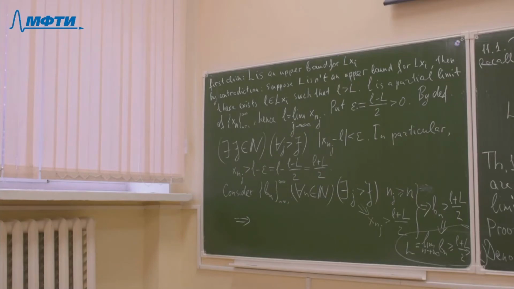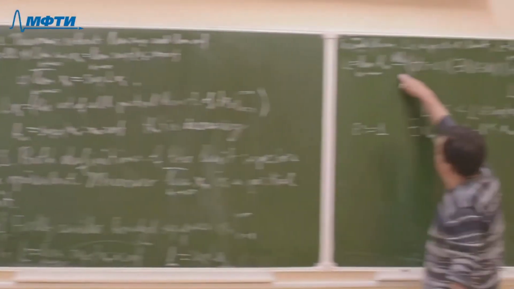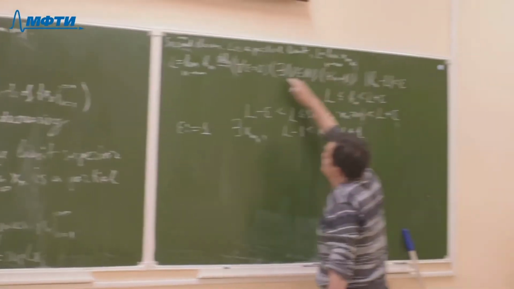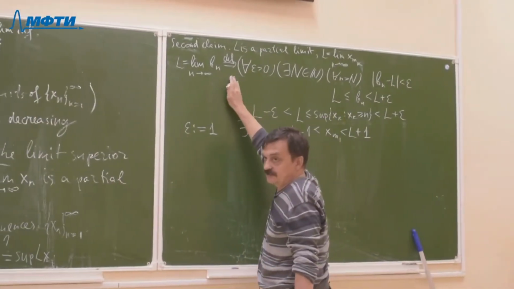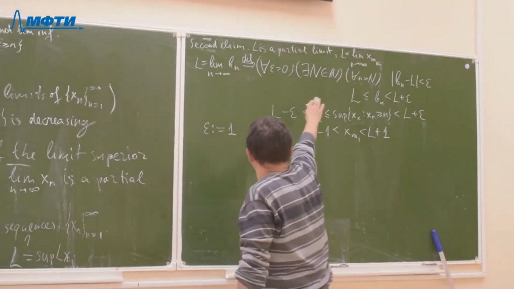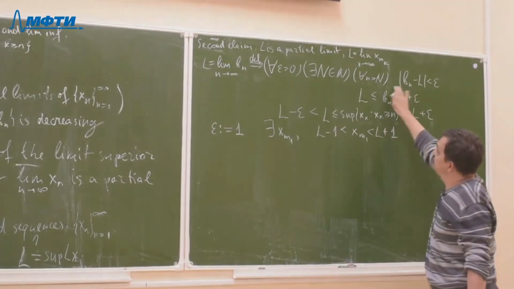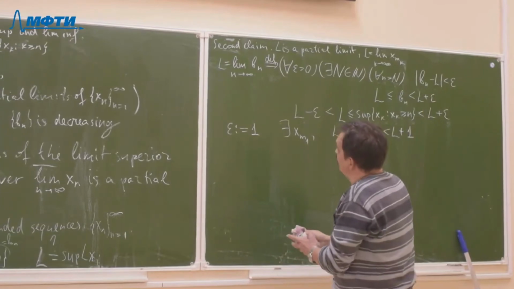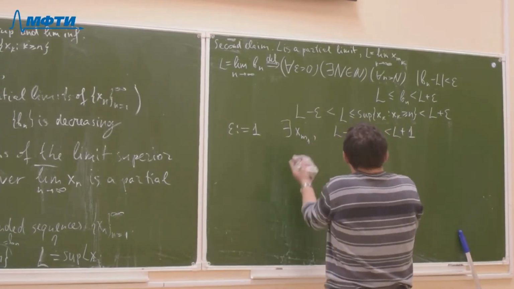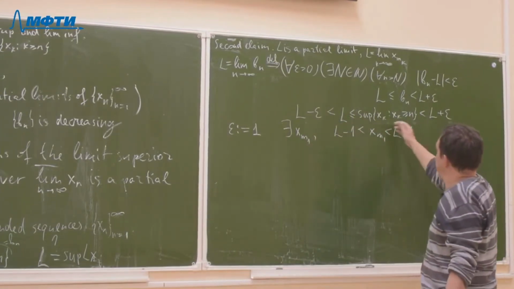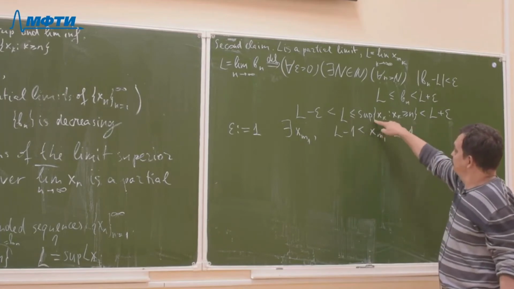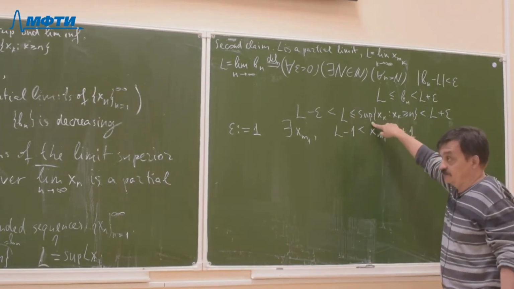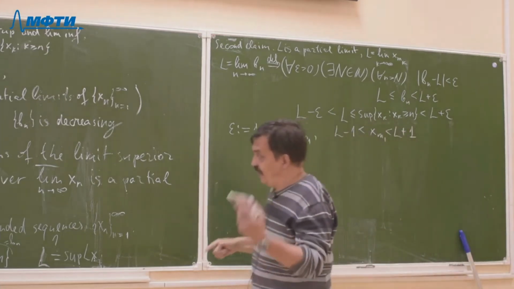Now, look, what I used here was the definition, precisely, just the definition, nothing else. Up to now I didn't use anything except for the definition. Okay, maybe the definition of supremum. Supremum is the least upper bound.